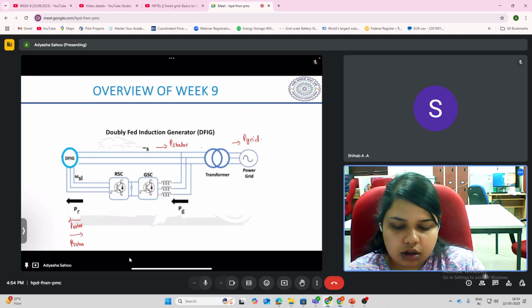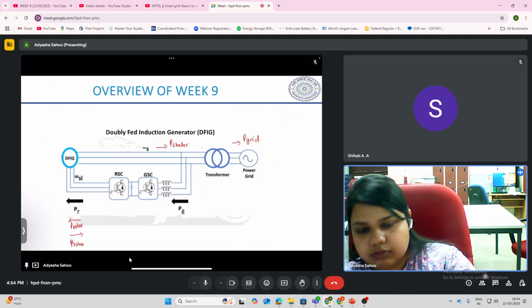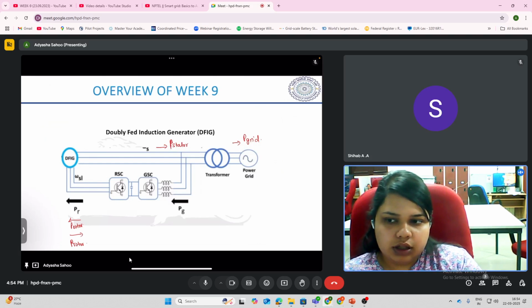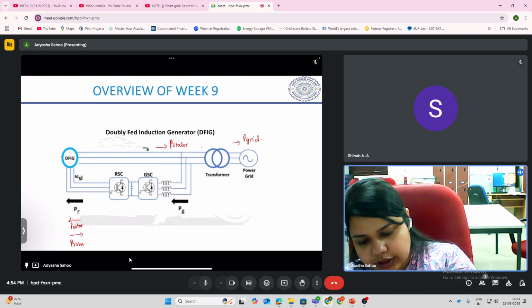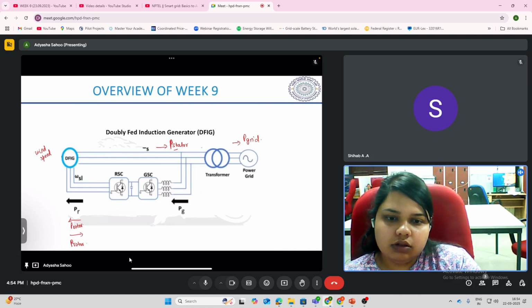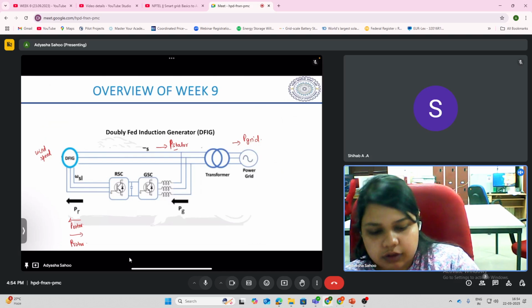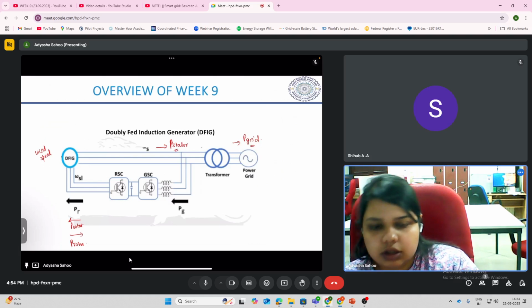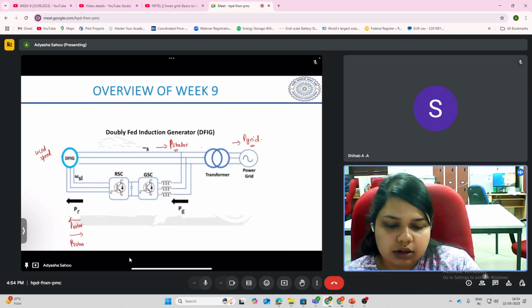What scenario? Basically, the power output of this P stator will not be constant. It will vary because it depends upon the wind speed. As the wind speed is variable, the stator power of the induction machine will also be variable. Now, to give constant power to the grid, this P rotor is used to match the imbalance between the P stator and the grid.